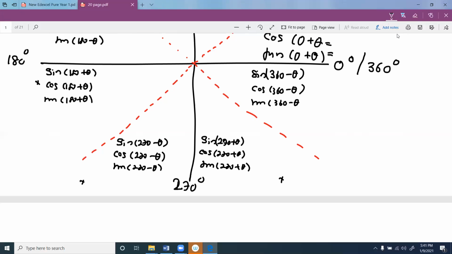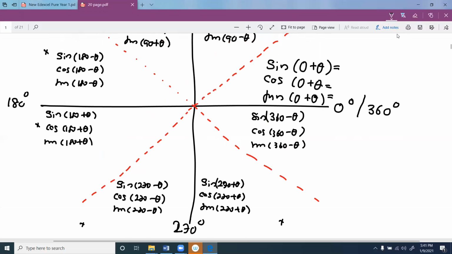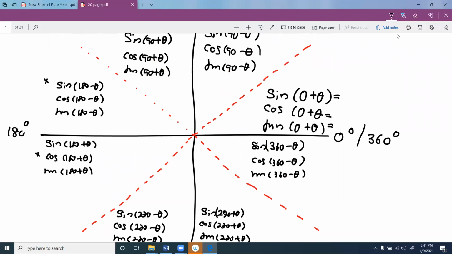Now I need to find the answers for these things today. Right, okay. We know that if you add anything to 0, the answer is the same thing. So this answer becomes, I just use a different color, sine theta. This is cos theta, and this is tan theta. That property will be valid throughout this subquadrant. In this subquadrant, this one and this one and this one, that theory is valid.